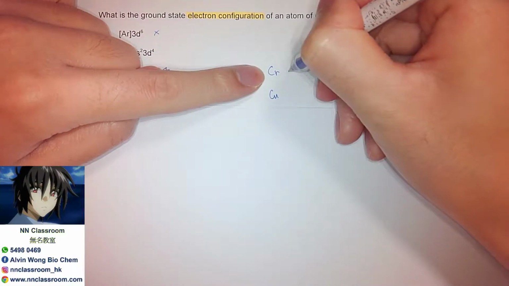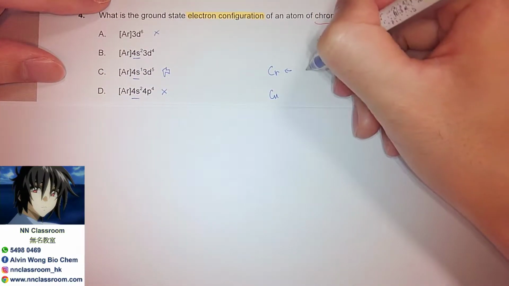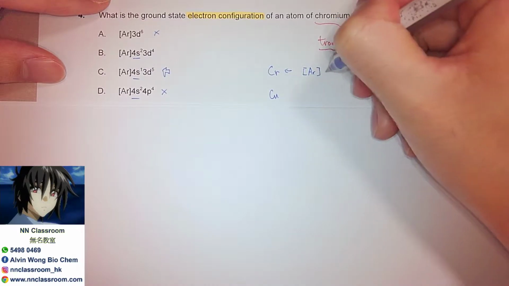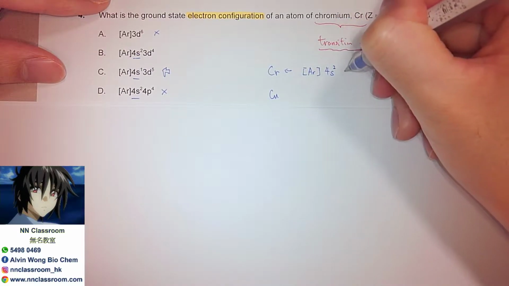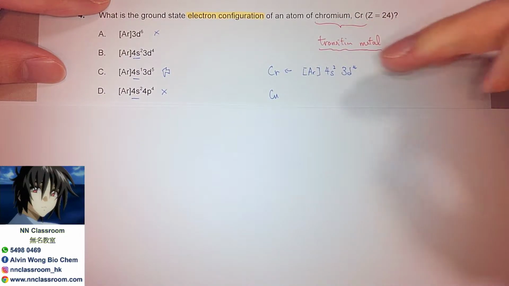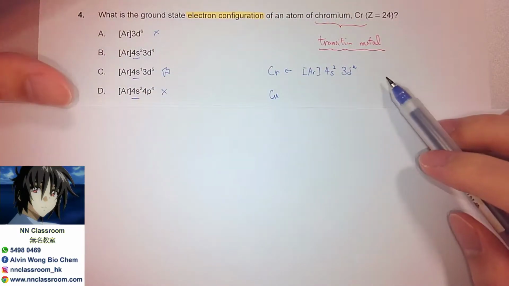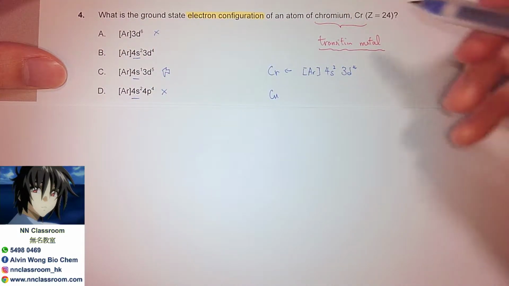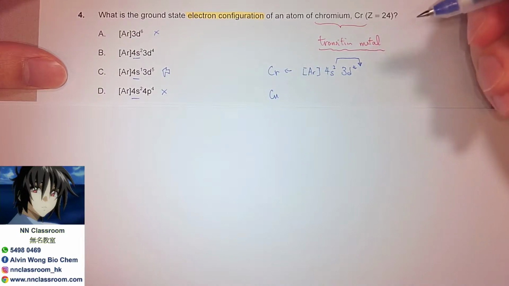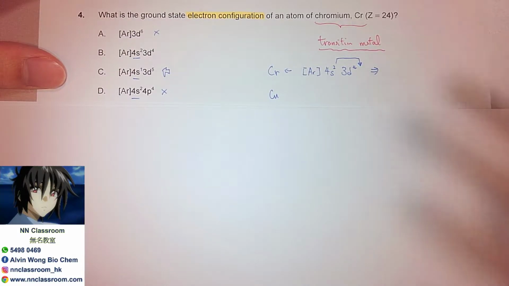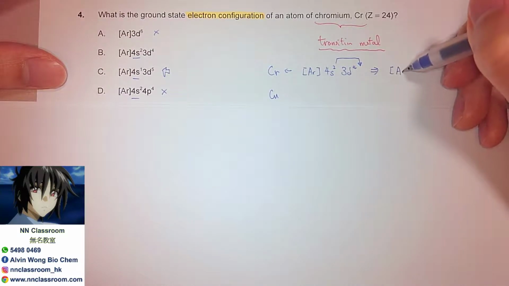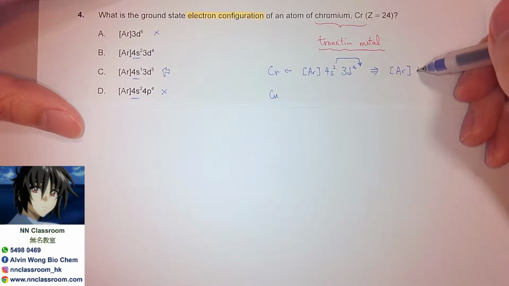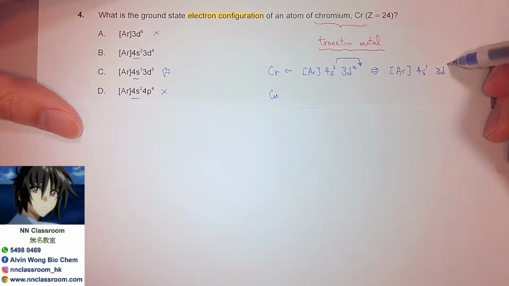For chromium, supposedly it should have the configuration of argon 4s2 3d4 according to the logic from the previous members. But then one of the 4s electrons will move to the 3d in order to achieve extra stability. So it should be argon 4s1 but 3d5.